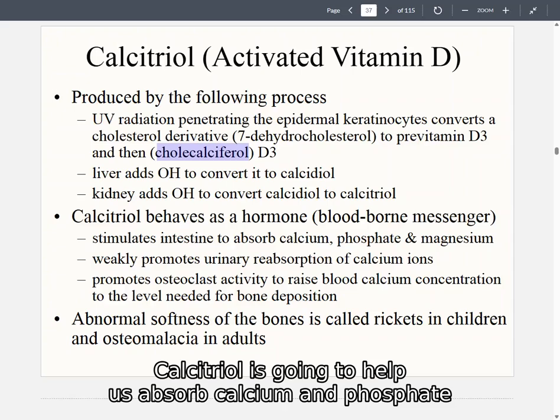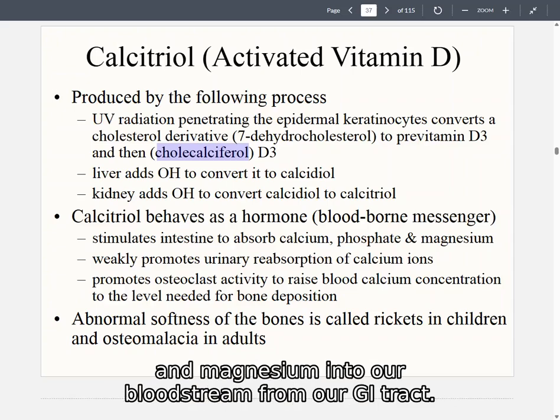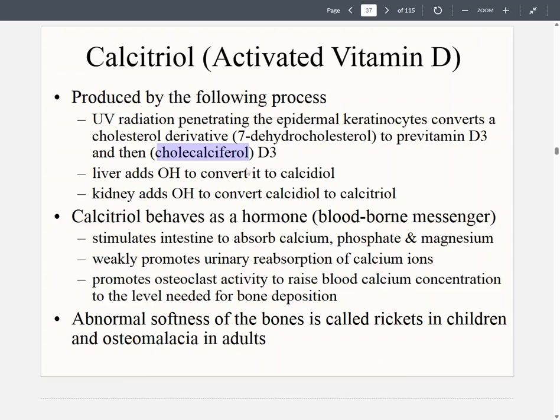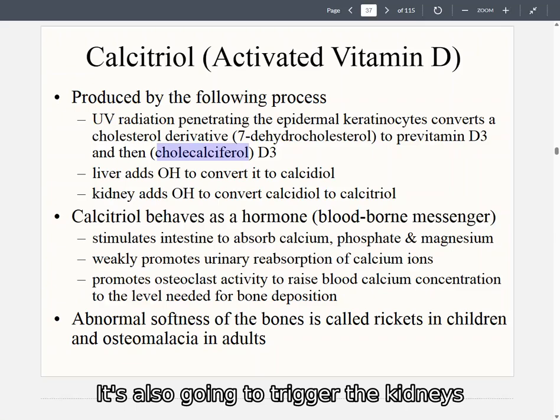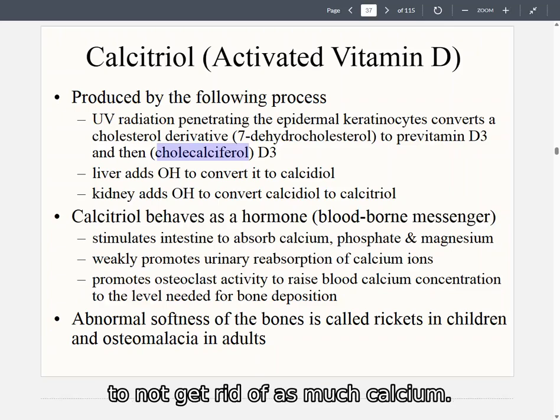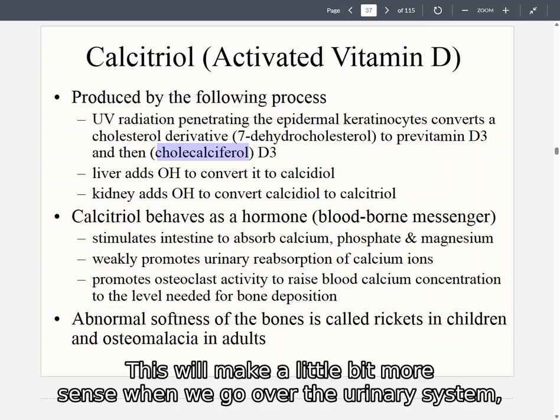Calcitriol is going to help us absorb calcium and phosphate and magnesium into our bloodstream from our GI tract. It's also going to trigger the kidneys to not get rid of as much calcium. This will make a little bit more sense when we go over the urinary system.